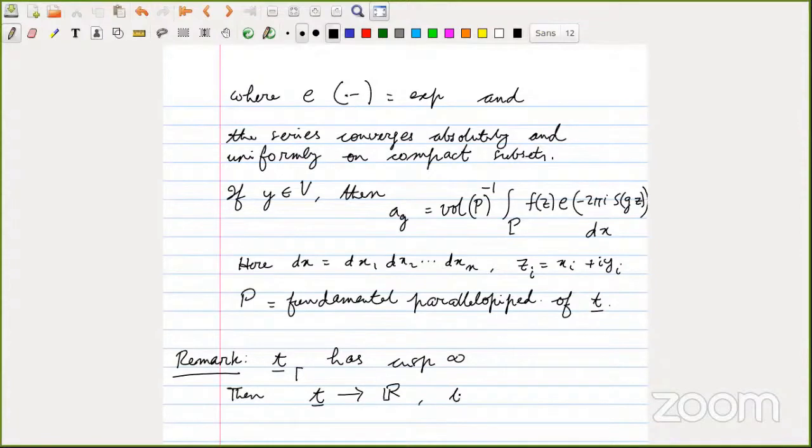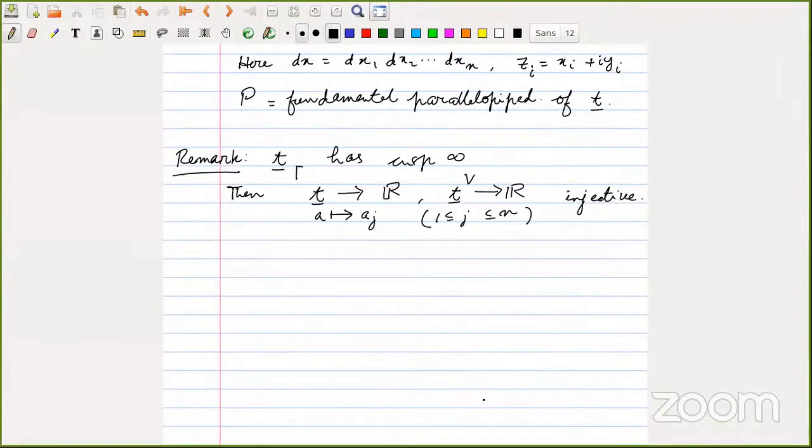This happens for D0, D dual, where A is mapped to A_j. So this projection map is injective, for 1 less than or equal to j less than or equal to n.